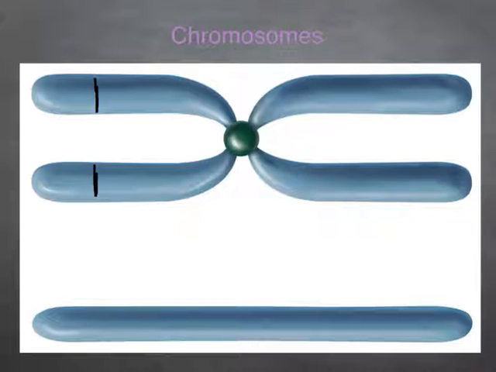So each section of a chromosome is going to represent a different gene. And because these are two sister chromatids, the genes should be exactly the same.